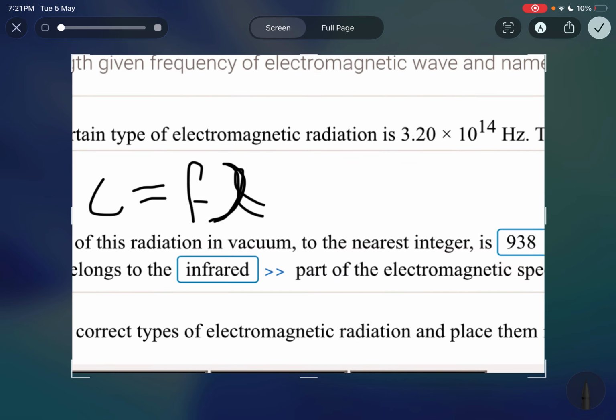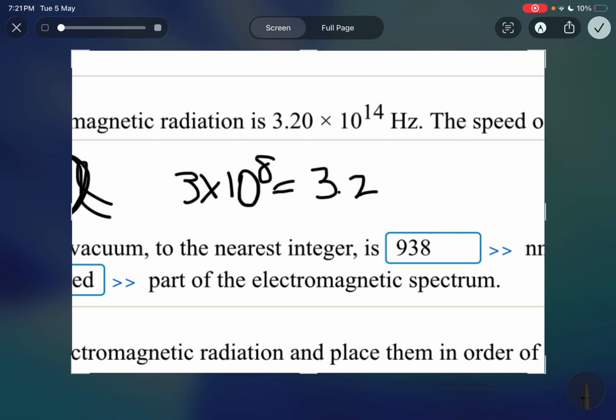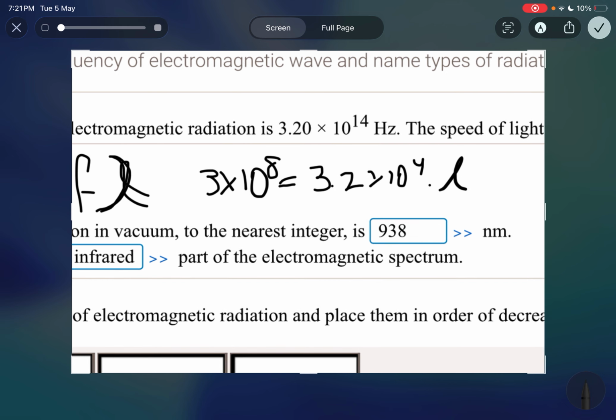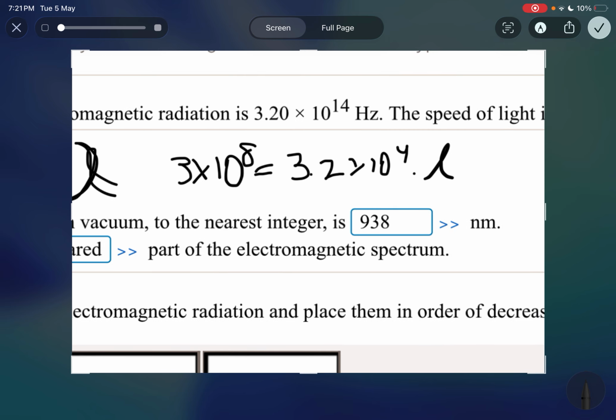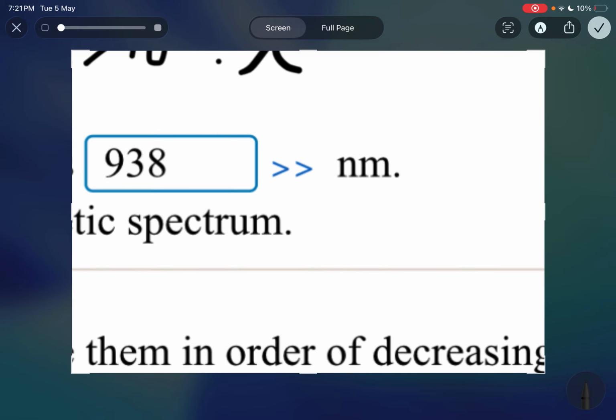Okay, which is this. So we have C as 3 times 10 to the power of 8 is equal to F, which they gave us as 3.2 times 10 to the power of 14, times this. And then when you solve it in the calculator, you'll get a value of 9.375 times 10 to the power of negative 7. To make it nm, you times it by 10 to the power of 9, and then finally it will become 938, not 9.38.